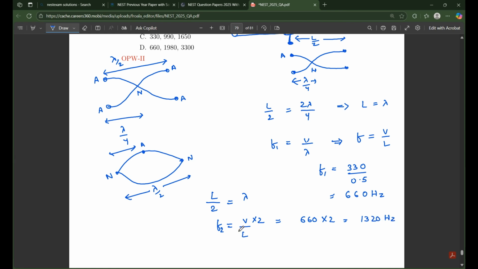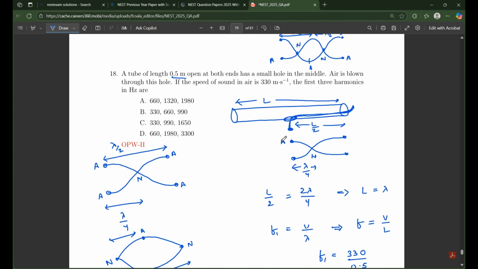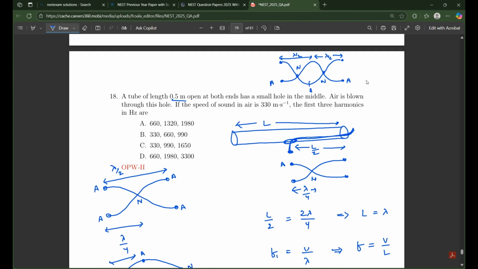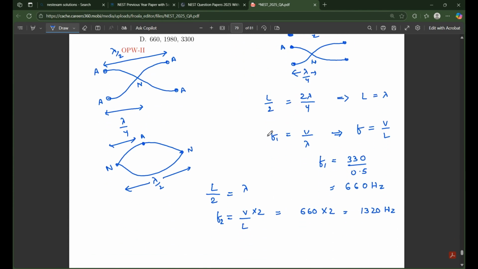Similarly, if I do it for the third harmonic, then there will be three nodes formed. In that case, this will be equal to 3 lambda by 2.